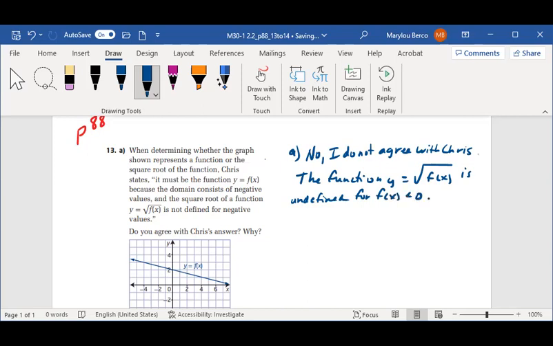So where f of x represents the range of y equals f of x. Not the domain.